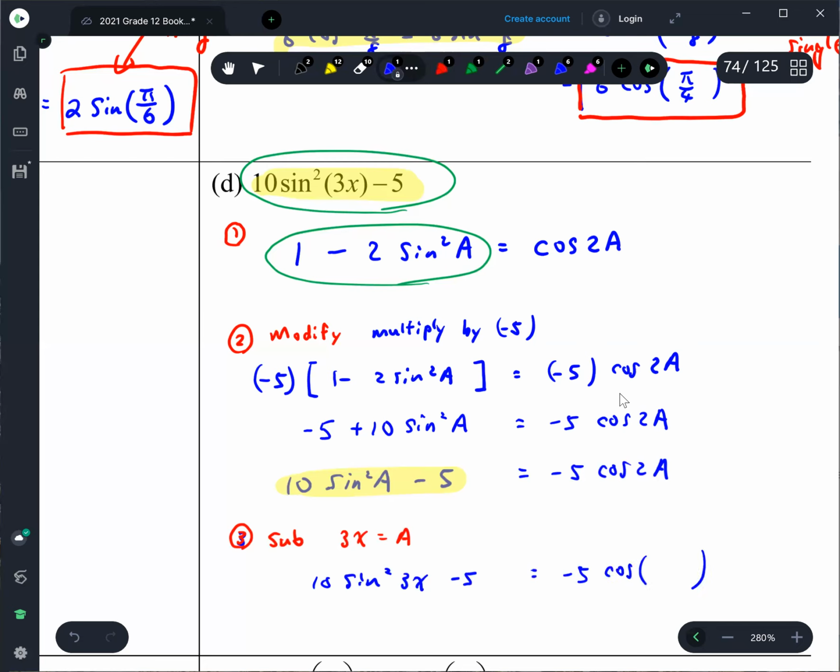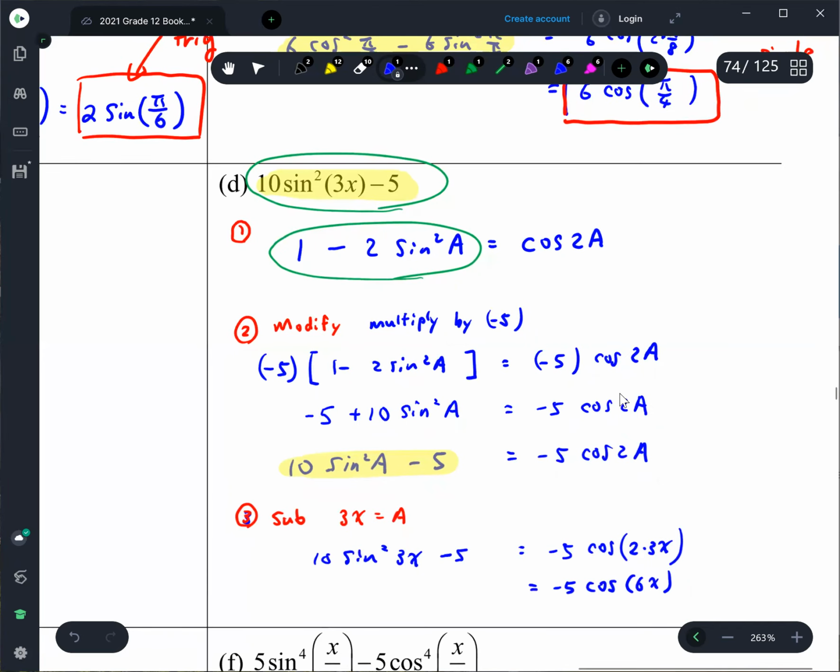What goes in here now, Jenny? Is it 2 and then 3x? So 2 times 3x, right? Mhm. What's 2 times 3x? 6x? Yeah, so you just leave it as 6x, okay? If it's possible to simplify, you always simplify it. So this is, once again, called single trig.